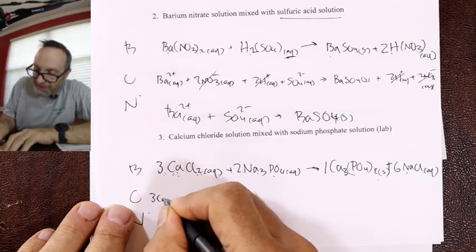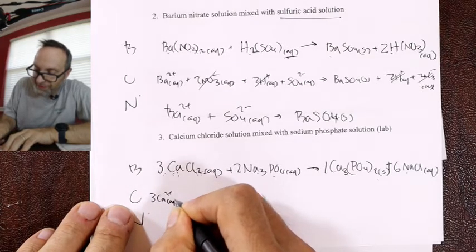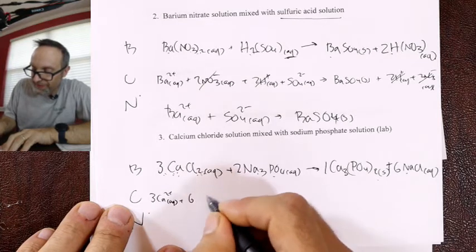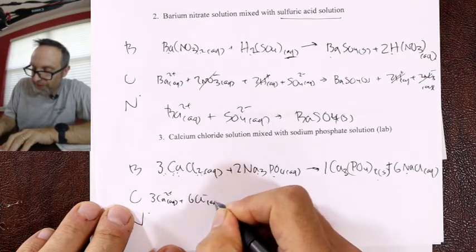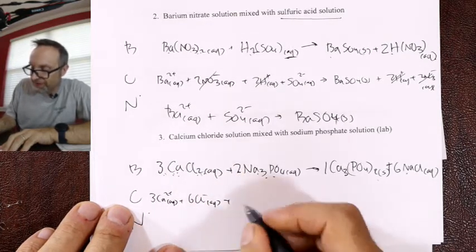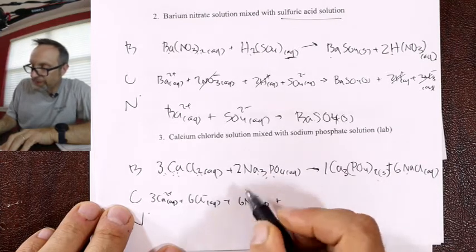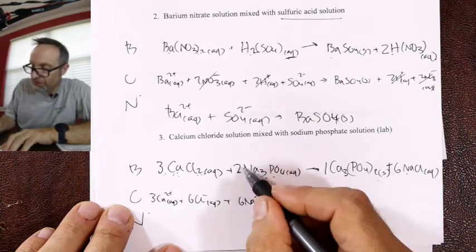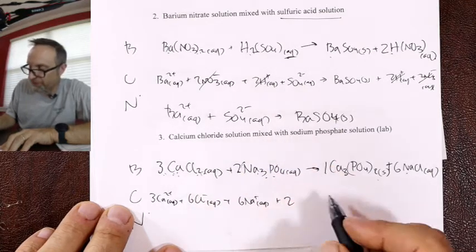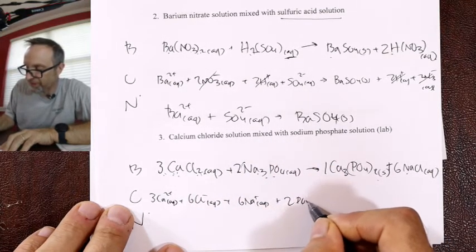So 3 Ca2+ aqueous plus 6 Cl- aqueous. Here, 2 3s are 6, 6 Na+ aqueous plus 2 phosphates, because it's 2 vehicles with 1 passenger per vehicle for phosphates.